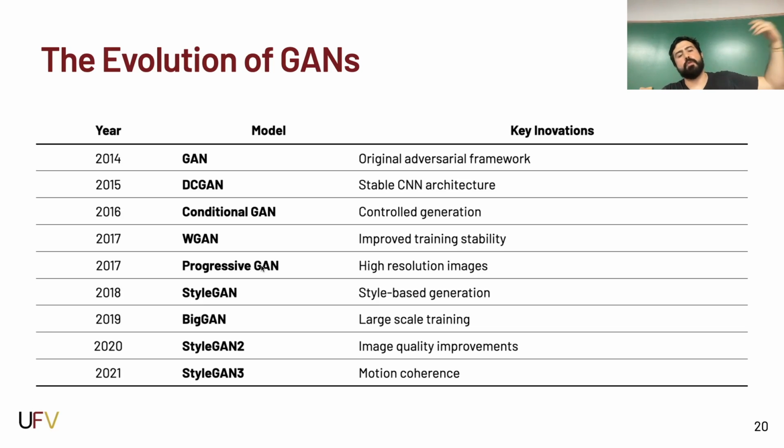Also, there was a lot of work on trying to make this work on better, higher resolution images, like 1024 by 1024, like StyleGAN, BigGAN, and so on and so forth. And then there's even motion generation and some other stuff more recently. So there is a long story here. There's not enough time to cover all of this.